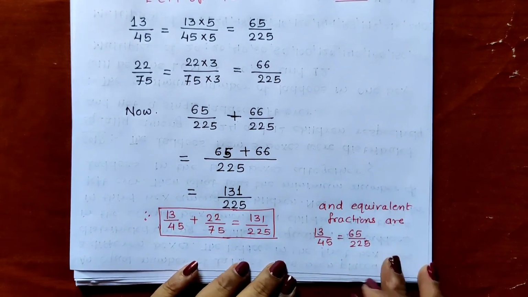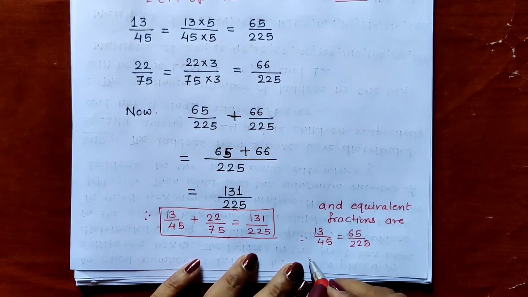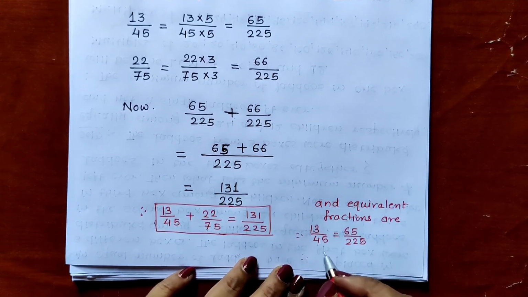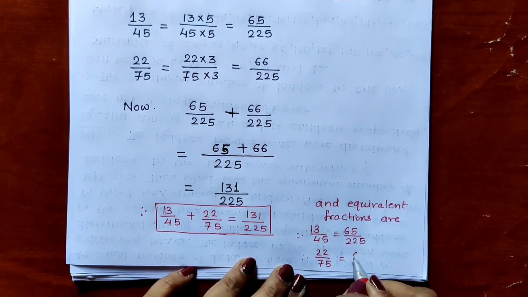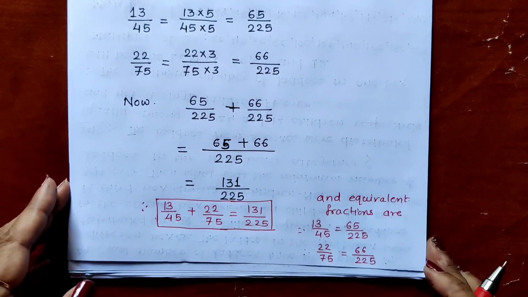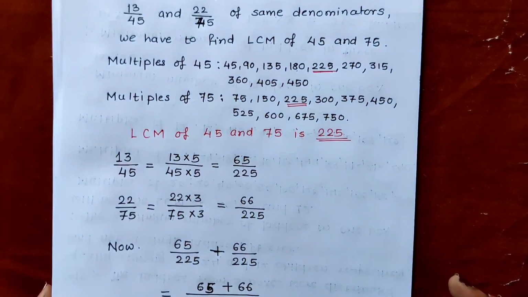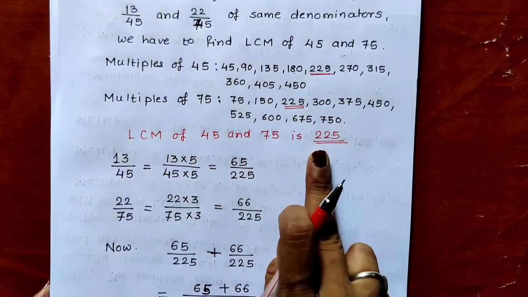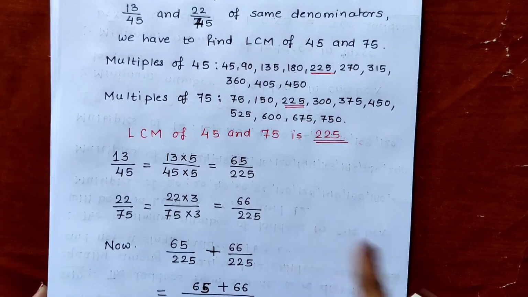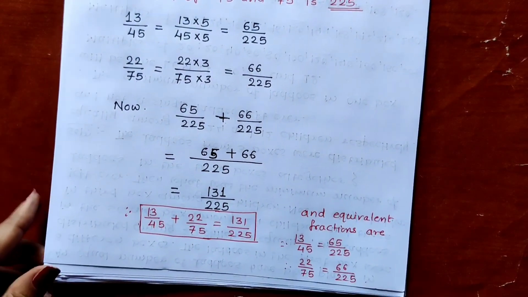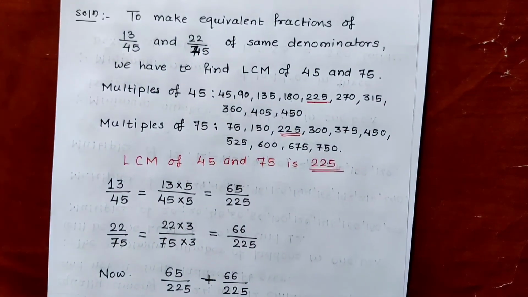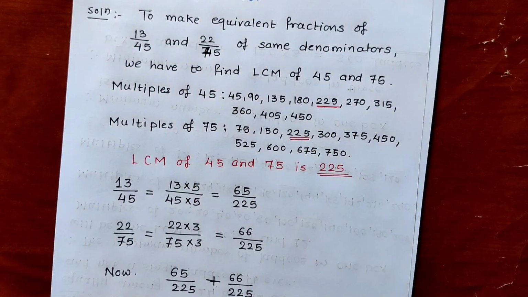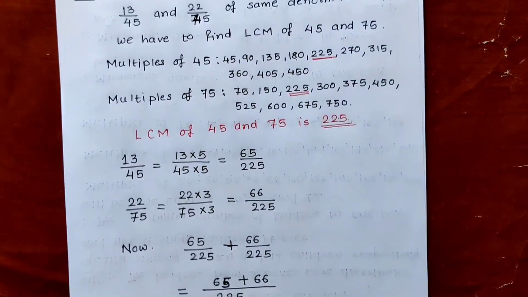Okay, and I have very little space over here, so I will be writing here 22 upon 75 is equal to 66 upon 225. In this way you can find the equivalent fraction by taking the LCM of the denominators, and then you can add them. So we have completed the fifth sum and all the sums from practice set 25.